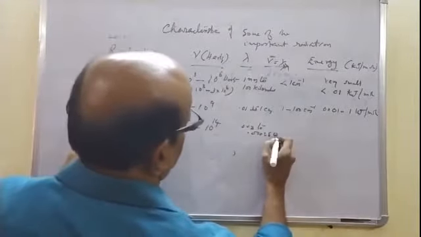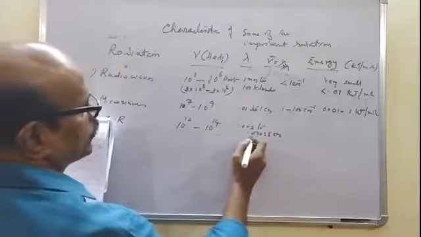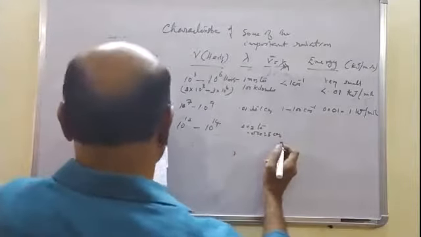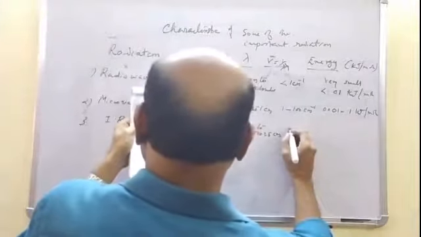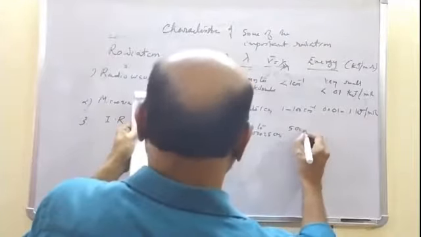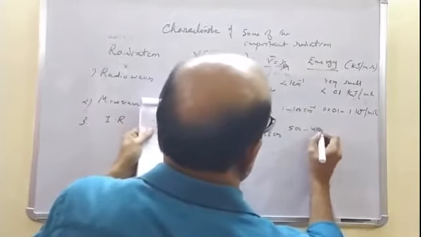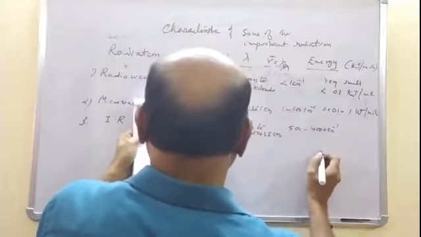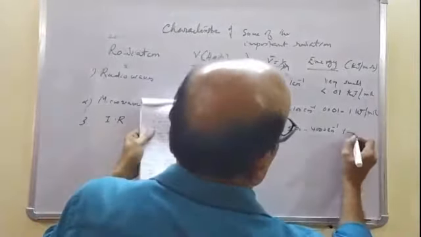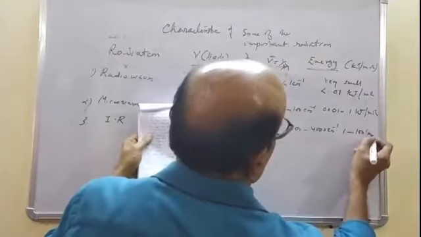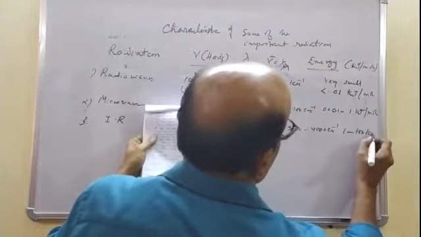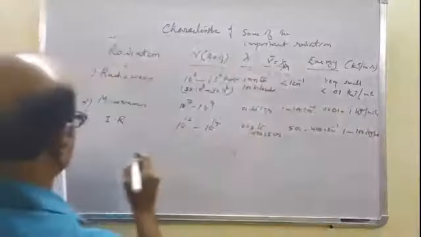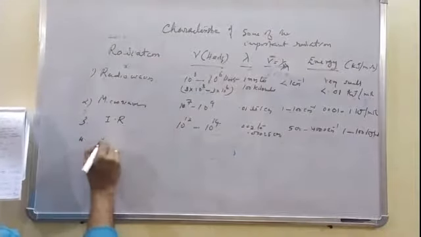Okay, 0.002 to 0.00025 centimeter, and the wave number now comes to be about 500 to 4,000 centimeter inverse, and the energy increases 1 to 100 kilojoule per mole. Okay, then finally that is our visible.